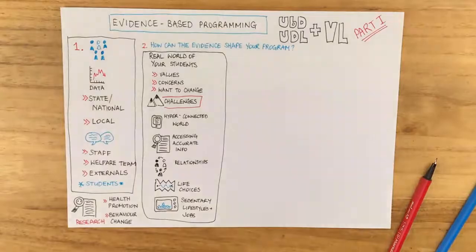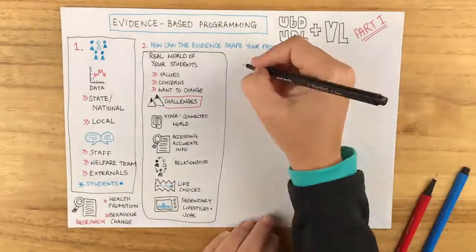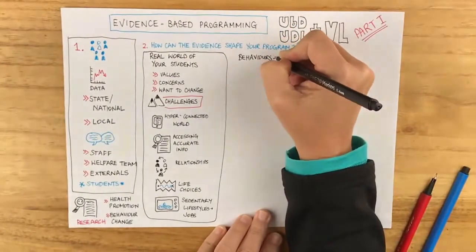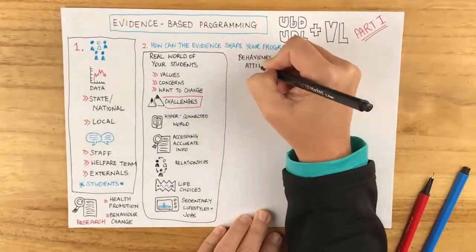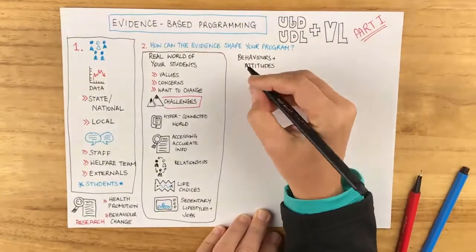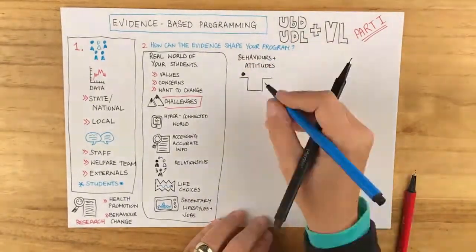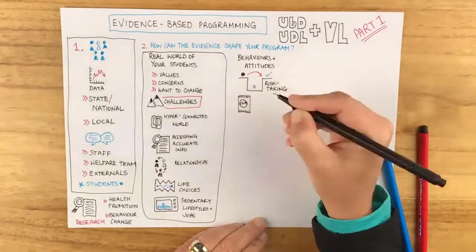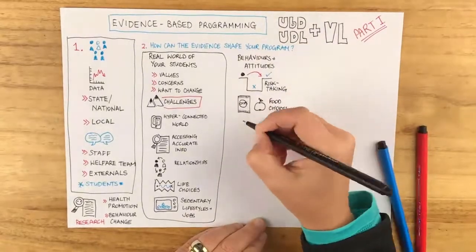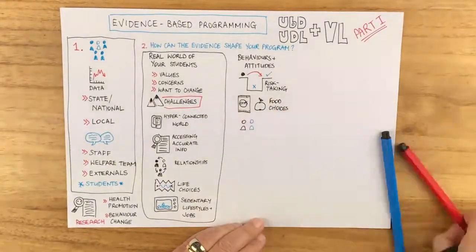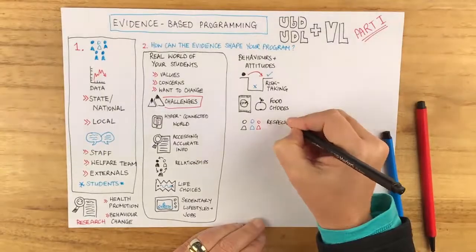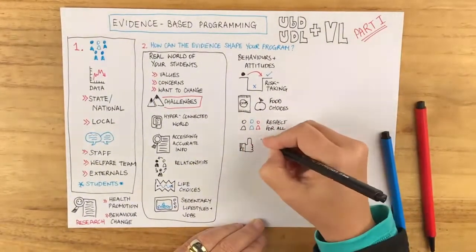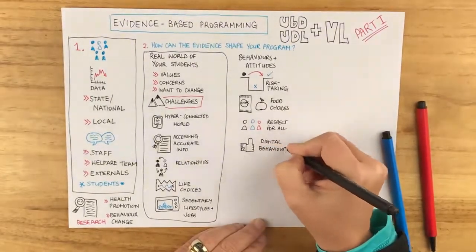So as well as developing a better understanding of the challenges that students may face, the information gathering step will also give us a better sense of the attitudes and the behaviours that we're actually trying to influence and address through our PDHPE program. So some of these behaviours and attitudes might include risk-taking behaviours, food choices and their behaviour around eating, being respectful of everyone within their community and celebrating diversity, their behaviours online and their attitudes towards their digital footprint.